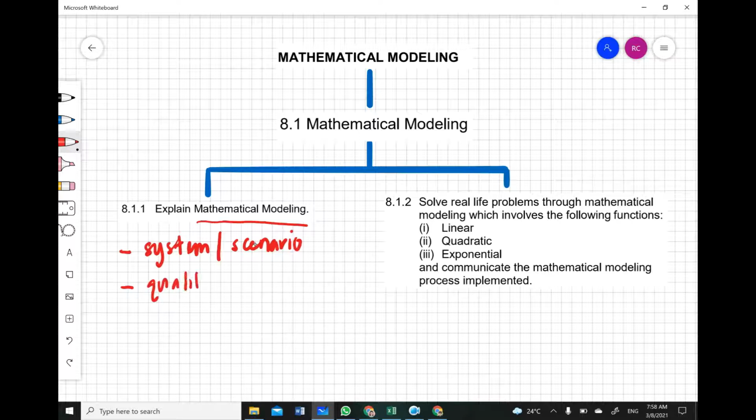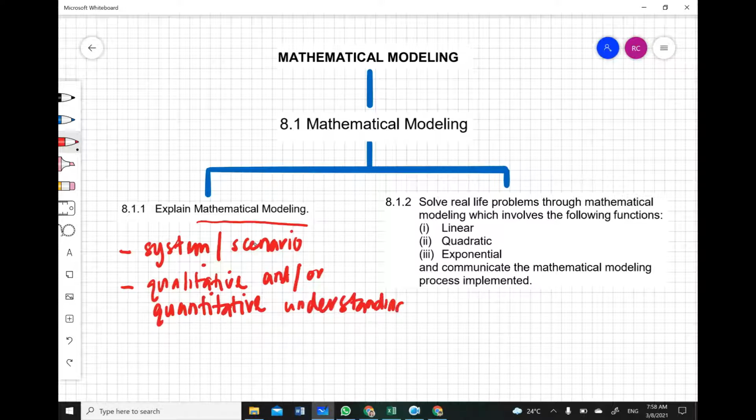Yes, qualitative and or quantitative understanding of some real world problem.